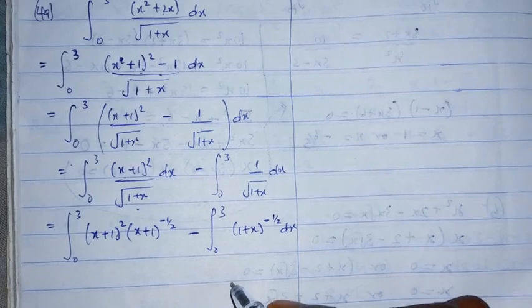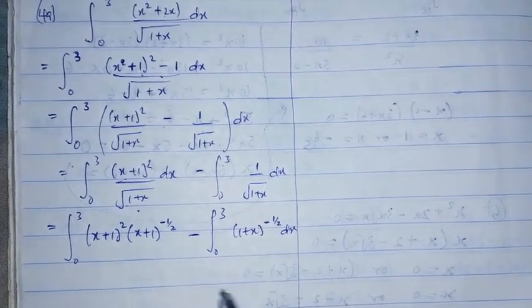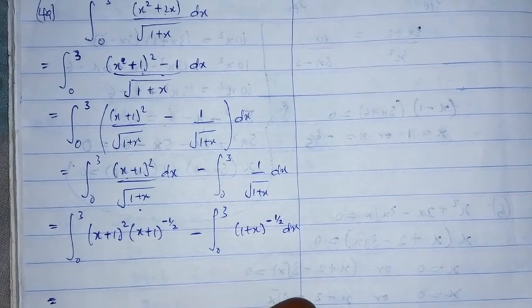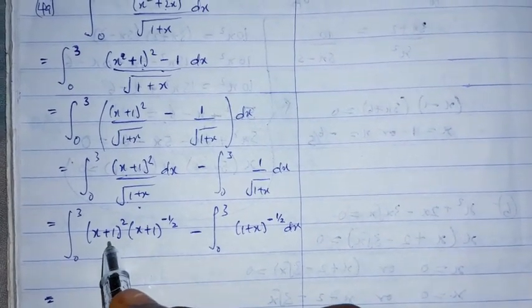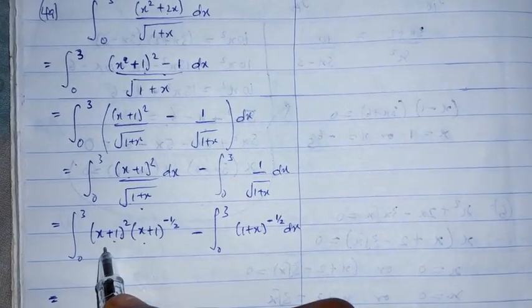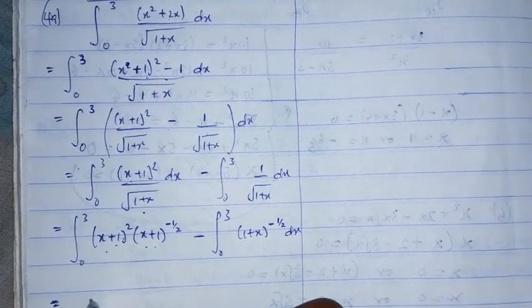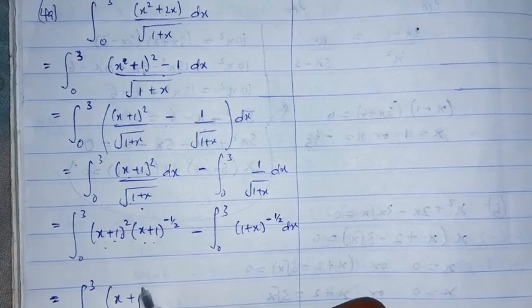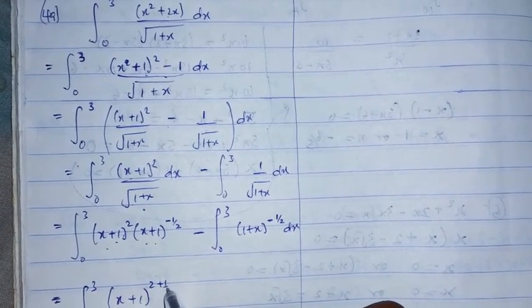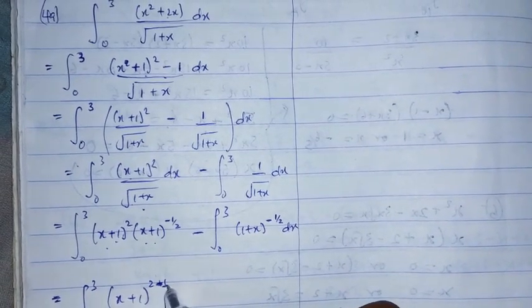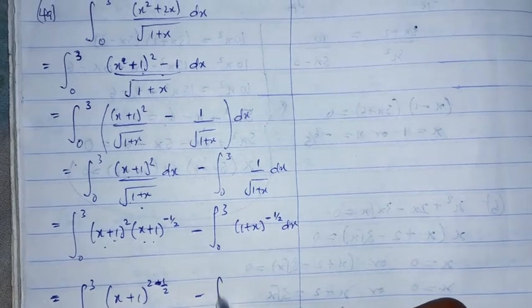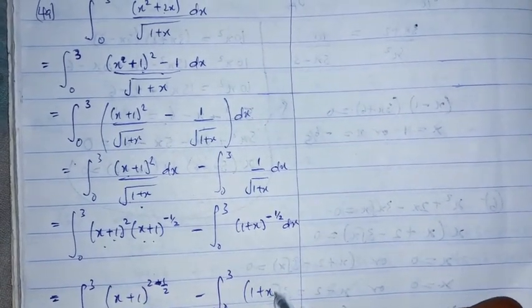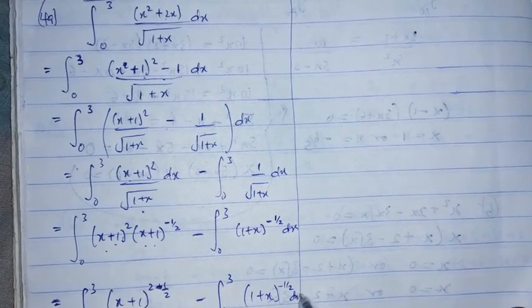So this is what I have. Now from here, let's factorize. By the law of indices, this is like a raised to power 2 times a raised to power minus 1 over 2, becomes the integral from 0 to 3 of (x plus 1) raised to power 2 minus 1 over 2. And this is still the same thing as this: (1 plus x) raised to power minus 1 over 2 dx.